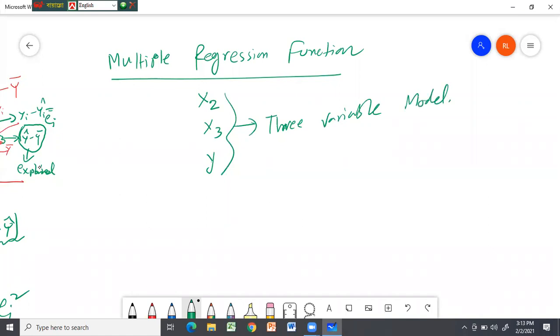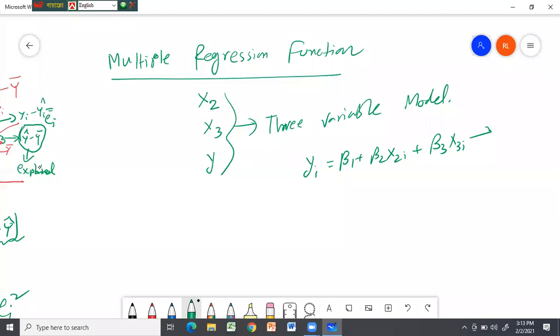In this three variable regression function, yi equals beta 1 plus beta 2 x2i plus beta 3 x3i. Here beta 2 and beta 3 are the slope coefficients for the corresponding two independent variables, and beta 1 is the intercept coefficient of your regression model.